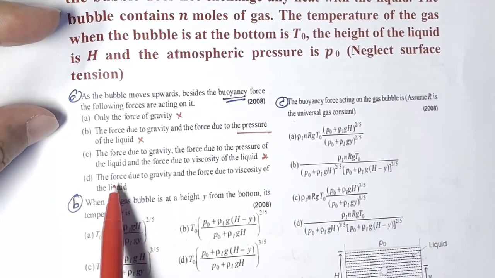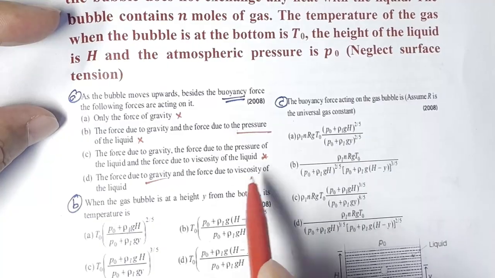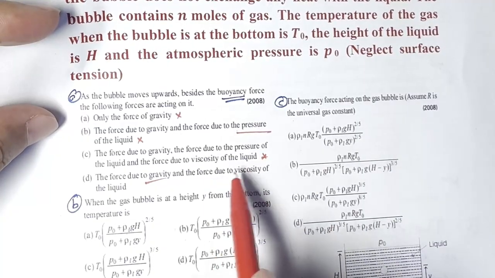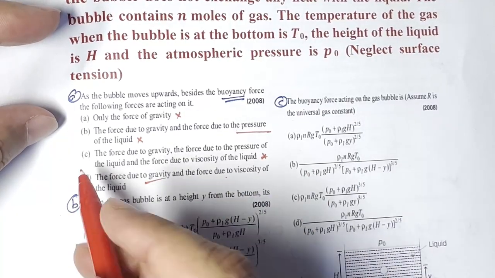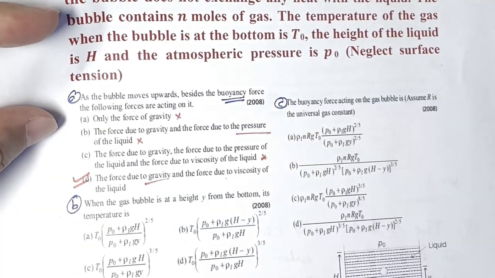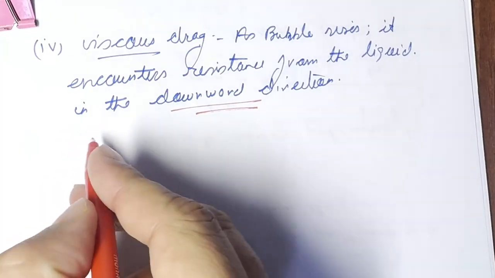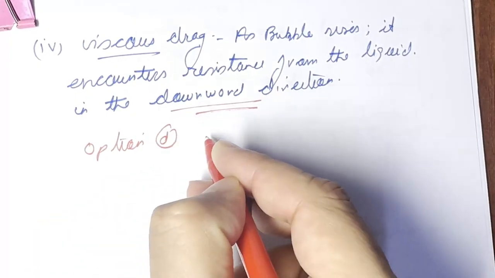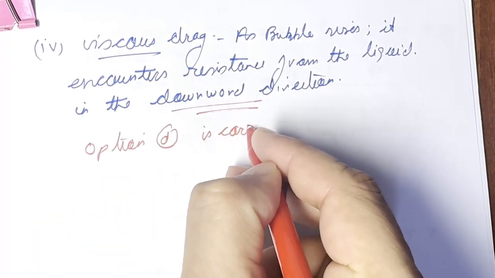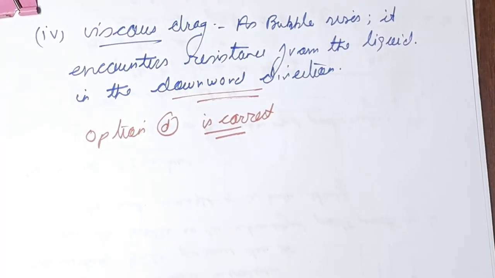So we have only the last one, D, which states force due to gravity, and another one, the force due to viscosity of liquid, which is our viscous drag. So option D is the correct option. This completes part A.